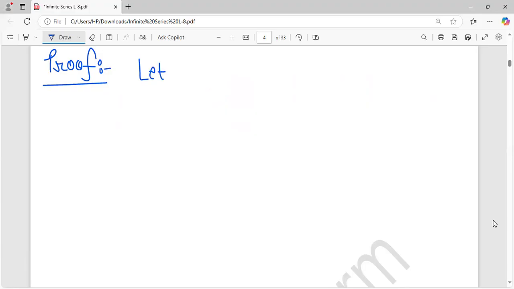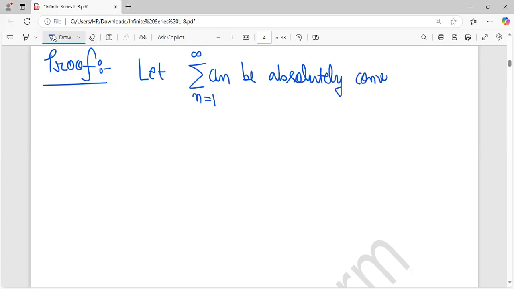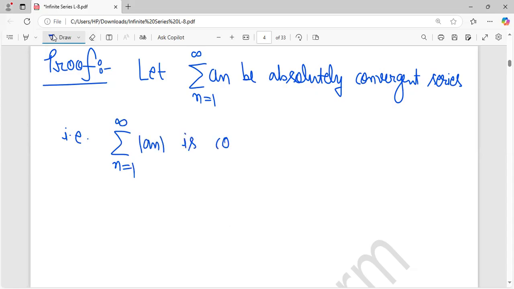So proof. Let this series be an absolutely convergent series. It means this series of absolute values is convergent.